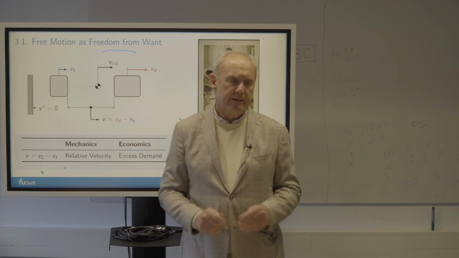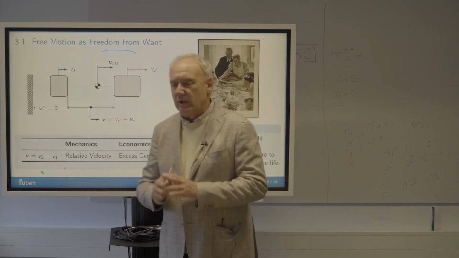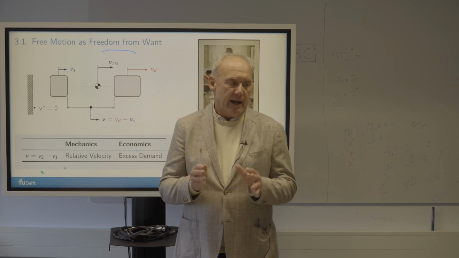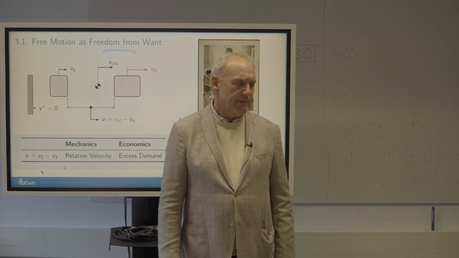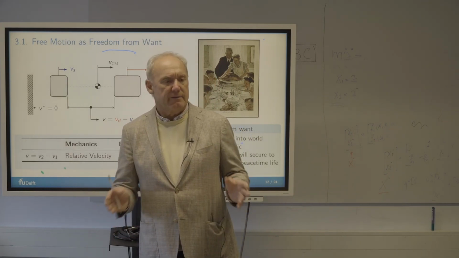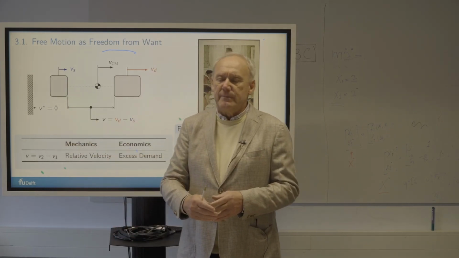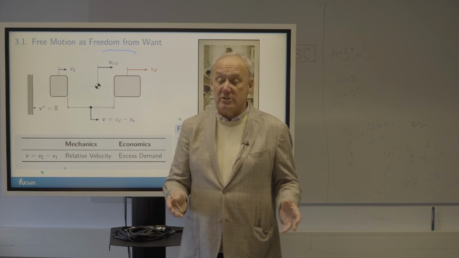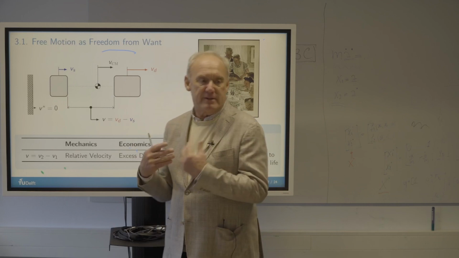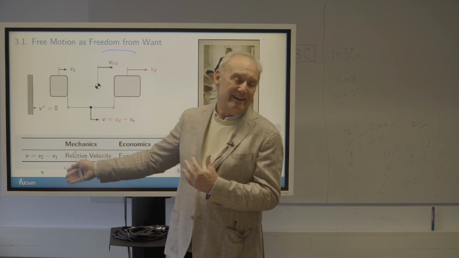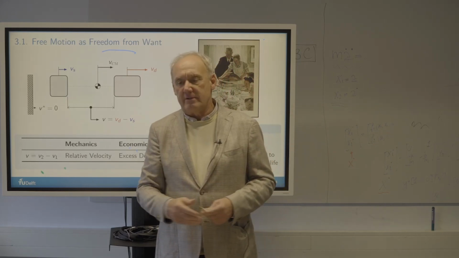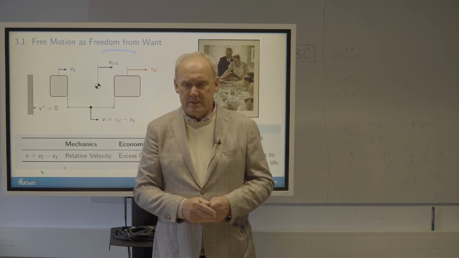Also, you don't need to look at what other people are getting to determine whether you are happy. So things like jealousy and envy you have to get rid of, because envy is more of a fictitious force that you see because somebody else is moving. It cannot be part of this innate want, because you have to look at somebody else to realize you're envious. You see that point?